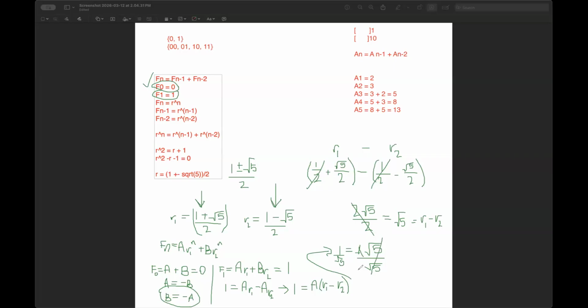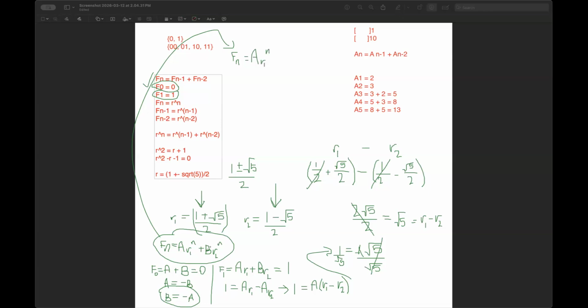And we're going to go back in our expression and say, here we have f sub n is equal to a r1 to the n plus b r2 to the n. We know that b is the inverse of a, so we're just going to rewrite this again. I'm going to draw a line, so now we're going back up here. I'm sorry, it's a lot of stuff to do, there's a lot of steps, but it all will work. So we have f sub n is equal to a r sub 1 to the n.